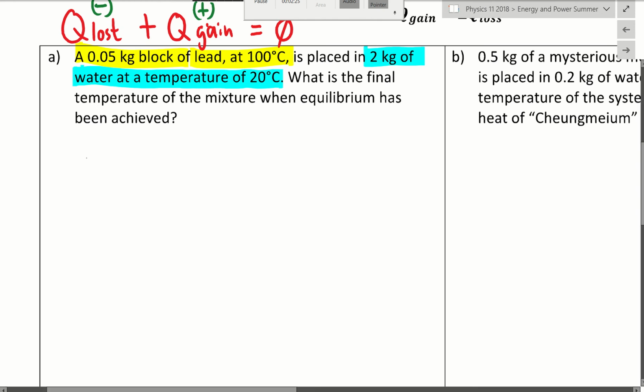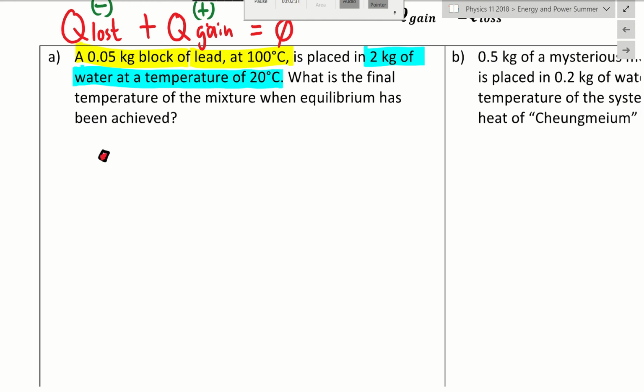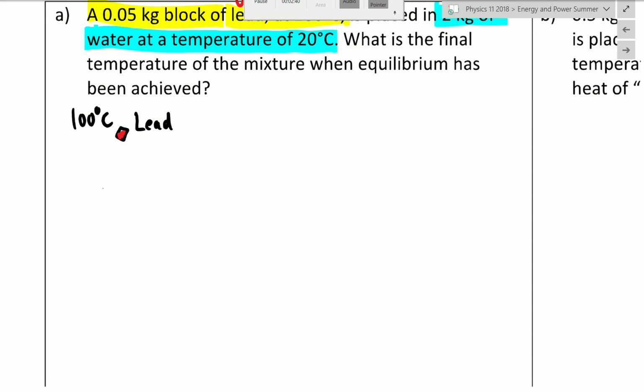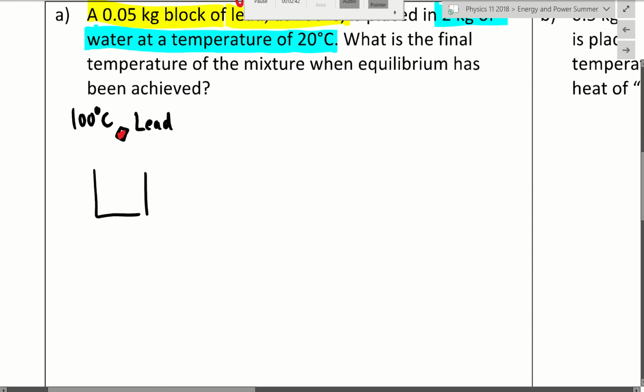Now, what does that mean? So we look at this situation like this. This is a piece of lead, and it is very hot right now. It's a 100 degrees Celsius piece of lead. And then we have a bucket of water below it. This is just 20 degrees Celsius at this point, and it's water, right?